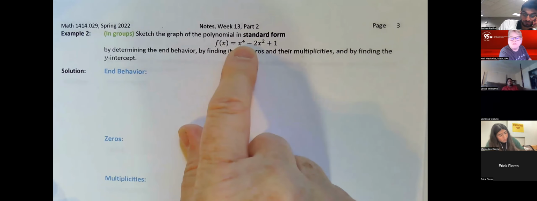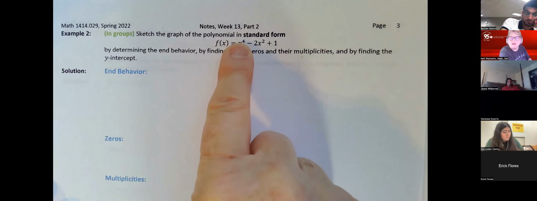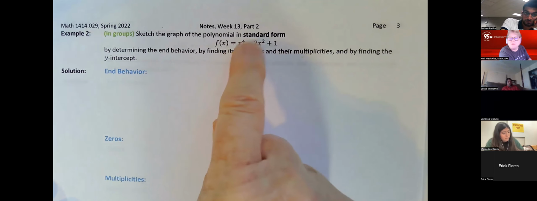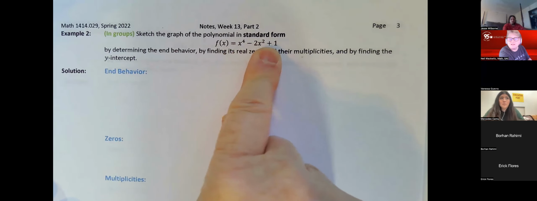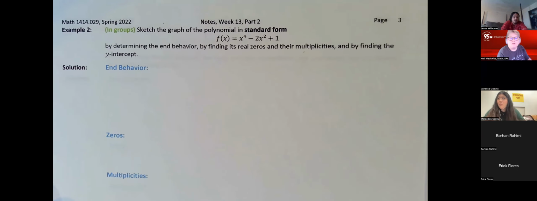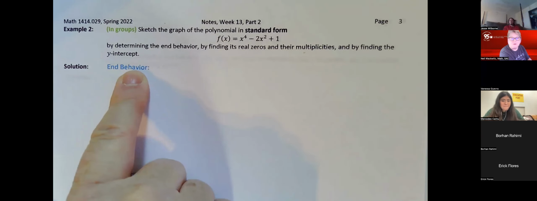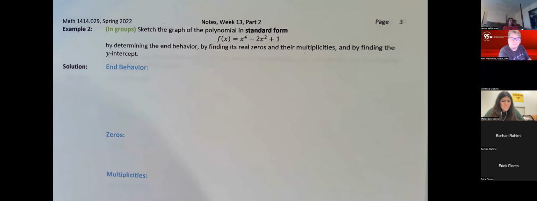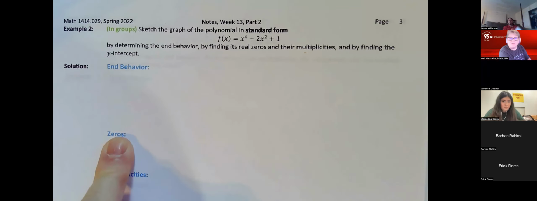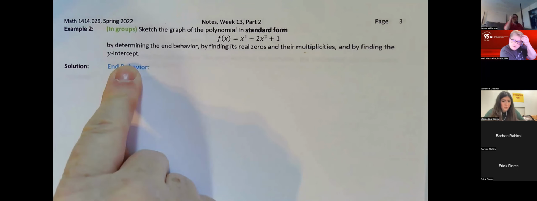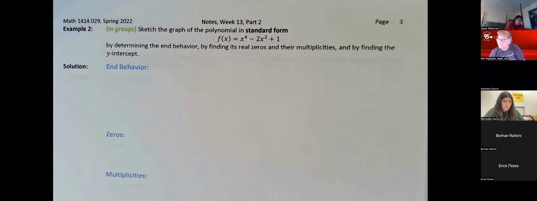I want y'all to do this next problem. It's the same kind of pattern, x to the 4th with no x cubed, -2x squared with no x, and a +1. So you need to find the end behavior, the zeros, and you'll find the zeros by factoring. The end behavior, how will you find that? Which term will you look at? The power term and n. That's right.